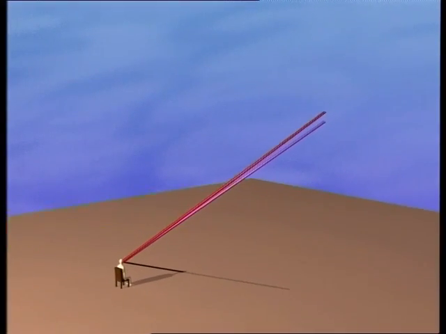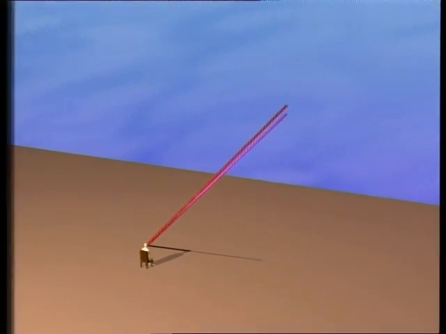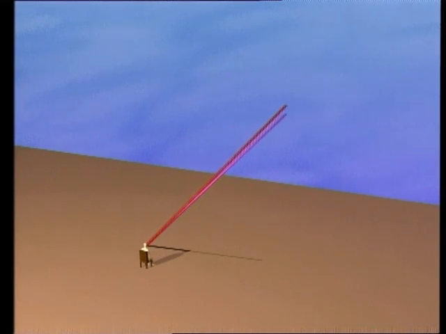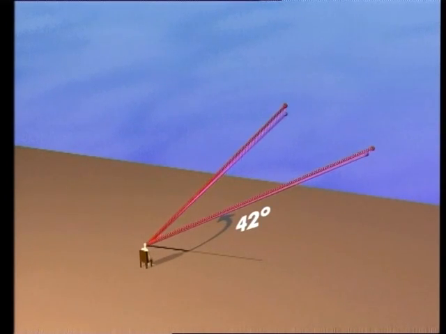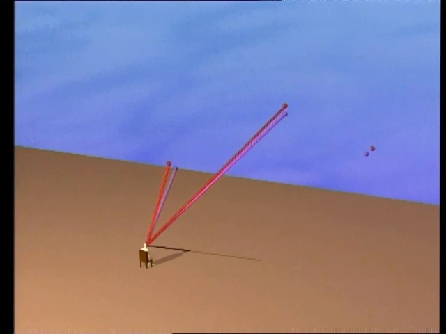And this is not the only place in the cloud that returns light at 42 degrees to the observer's shadow line. For instance, there will be another drop to the side, which is still at 42 degrees to the observer's shadow. And another one here, again at 42 degrees to the shadow line.